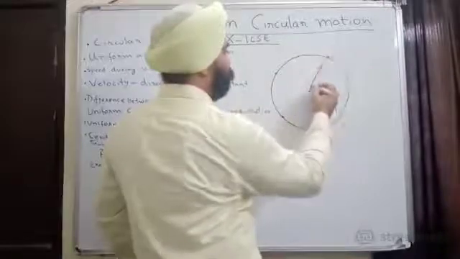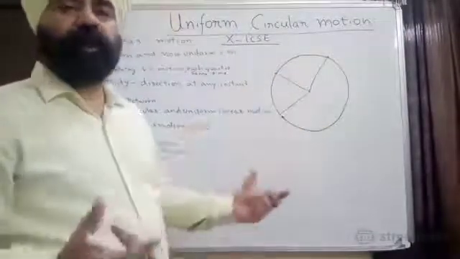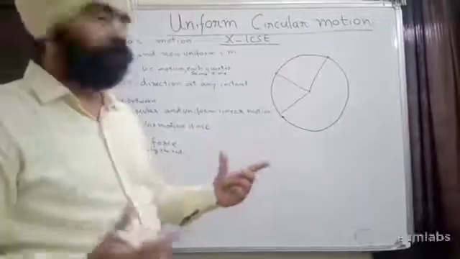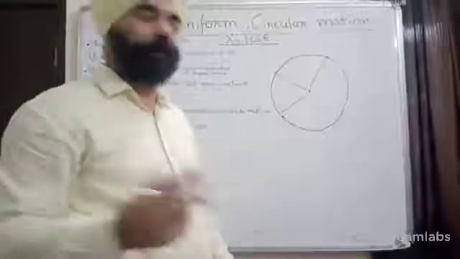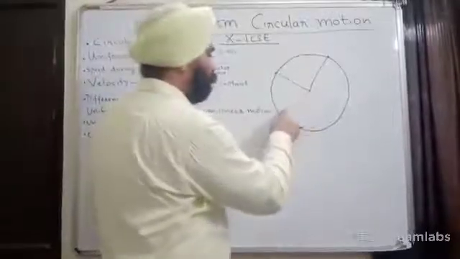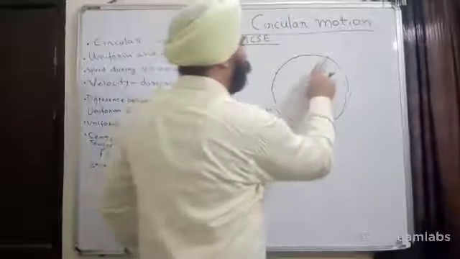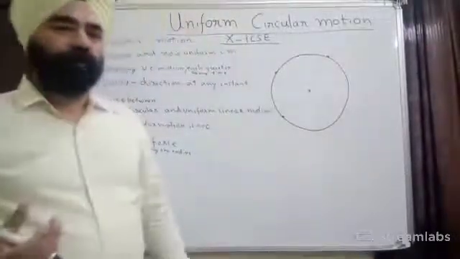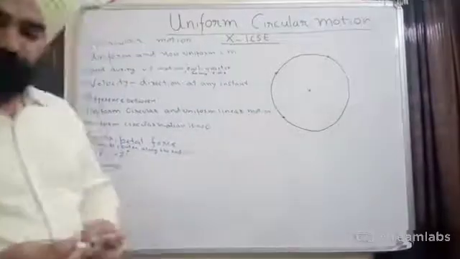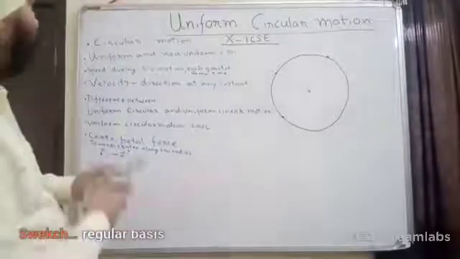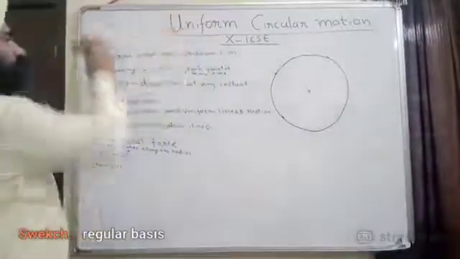This distance is the same. We know that. What is this called? This is called the radius of the circle, which means this body is in motion in a circular path. With the passage of time, its position is changing, but it is always at a fixed distance from a point. So this is circular motion. I've written the reference point so that I know I've touched on this. Now we have understood what is circular motion.